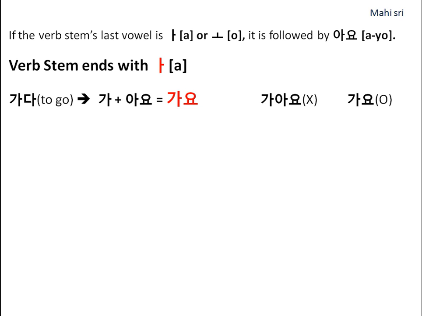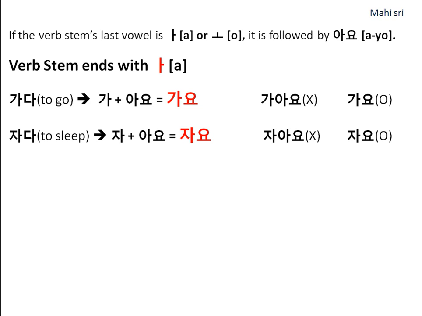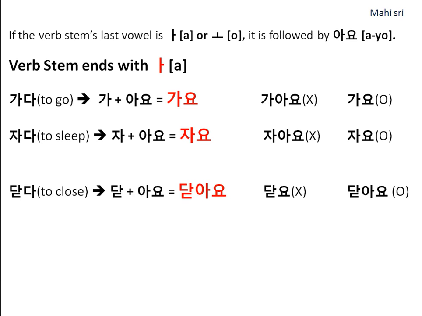Koreans always say khayo, not khaayo, because the longer pronunciation is a little weird. And then chada, to sleep: cha plus ayo becomes chayo. And datda, to close: dat plus ayo, dadayo, but it's not datyo. You can see the difference, right?